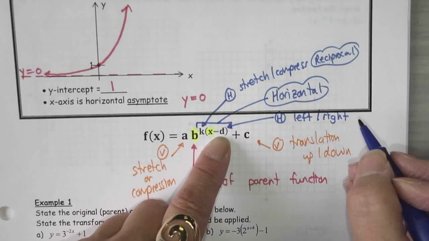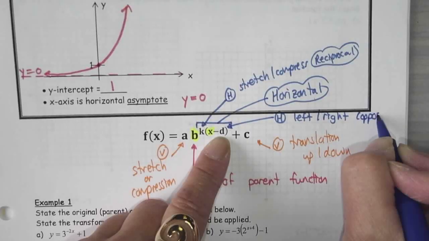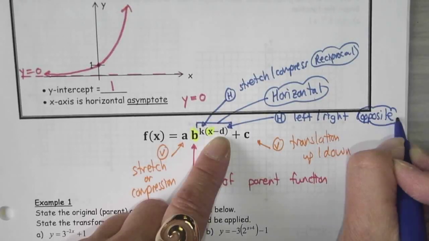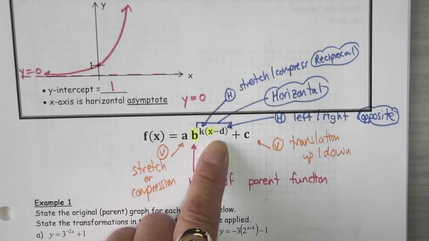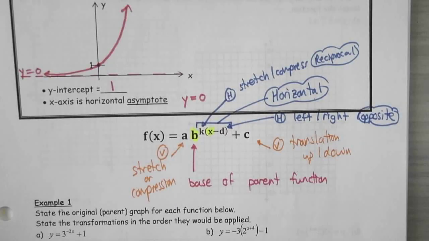And remember, it's opposite, same as we did before. So if it's minus 2, I'm shifting it right 2. If it's plus 2, I'm shifting it left 2. So it's nice because it's not new rules. It's the same rules, it's just where you look.